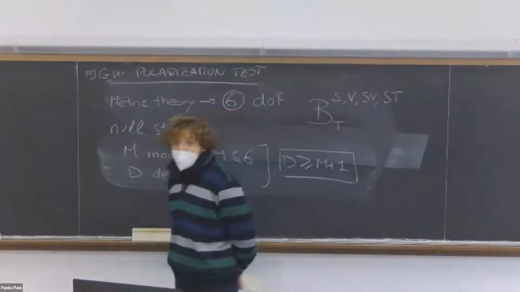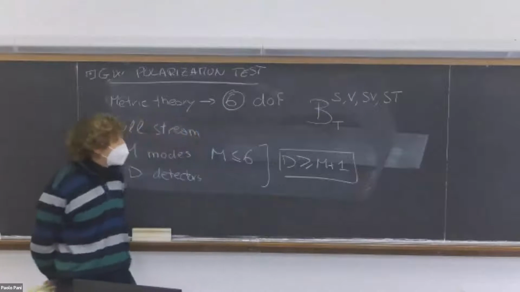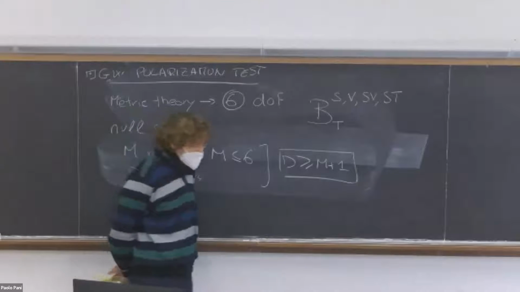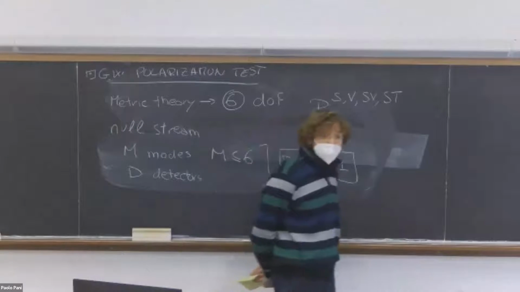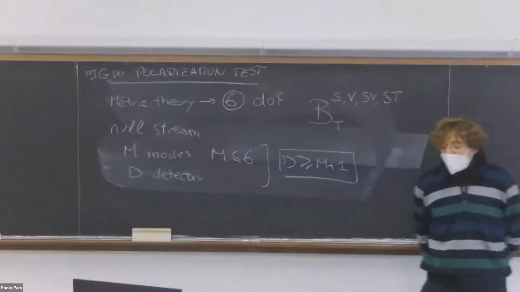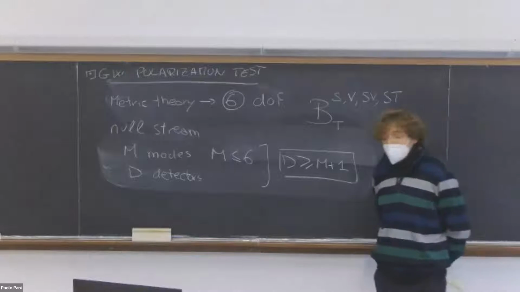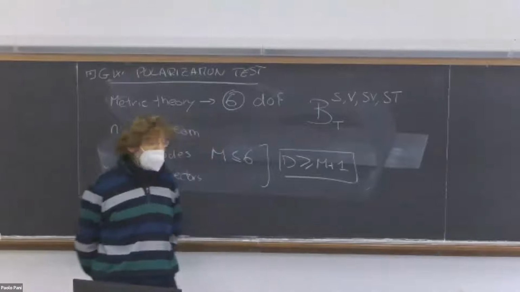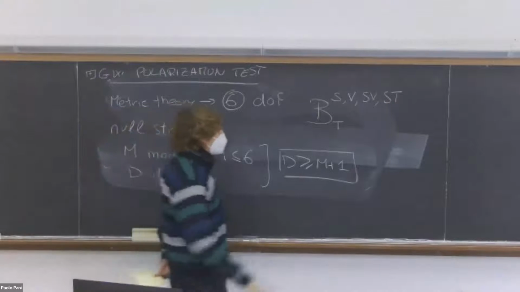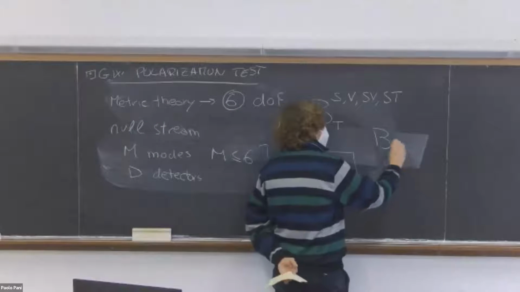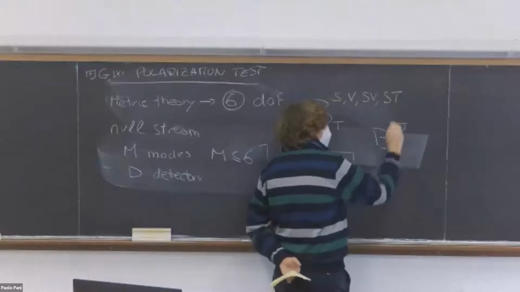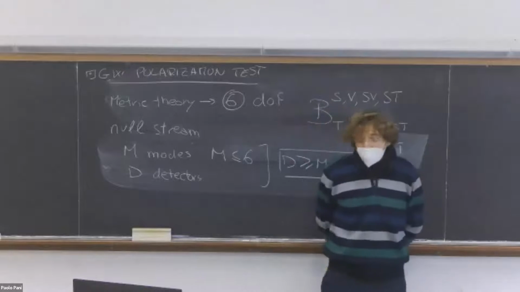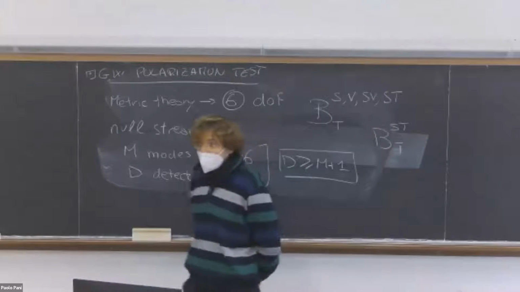However, it's much more difficult, given our current signals and the number of detectors, to exclude through this test the possibility that the signal is a combination of tensorial plus scalar modes, for example. So the Bayes factor for the hypothesis tensorial versus scalar tensorial does not give very strong evidence.